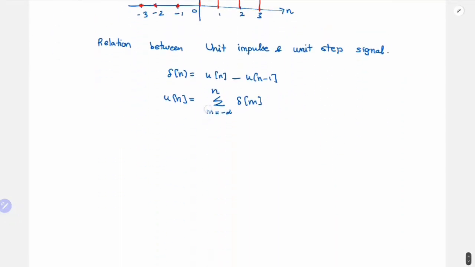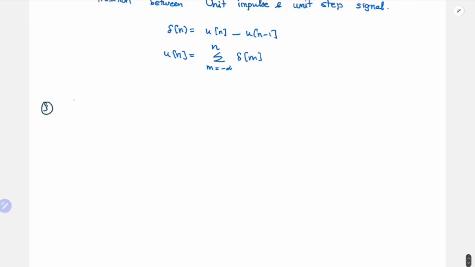So next we will see about our complex exponential and sinusoidal signals. So these are very useful in Fourier series, right? So we have to take a look at this.